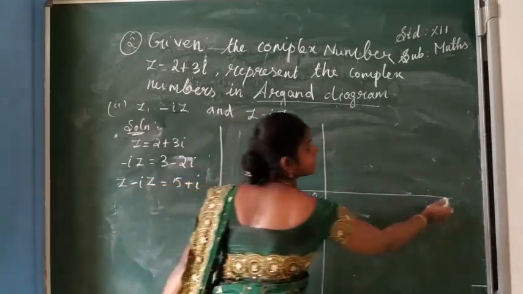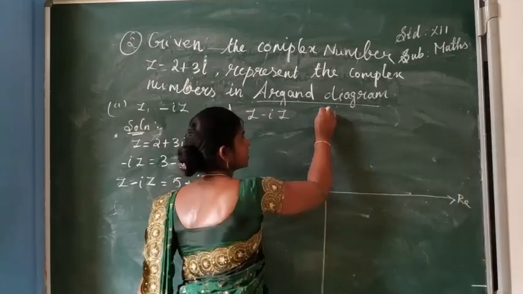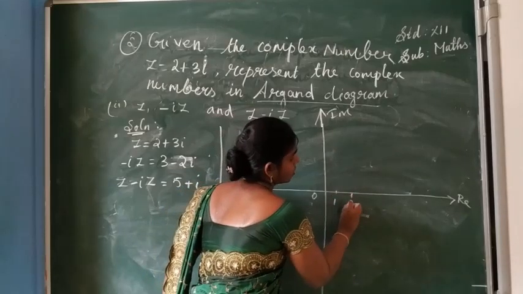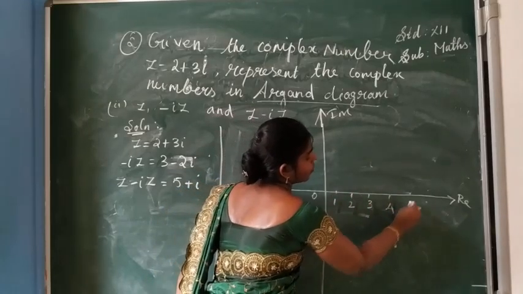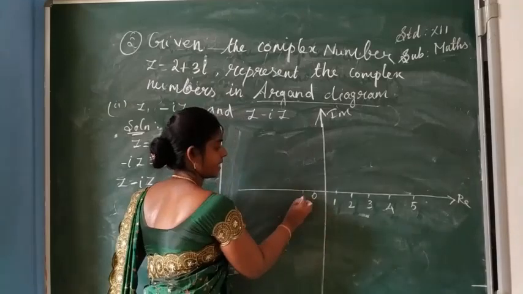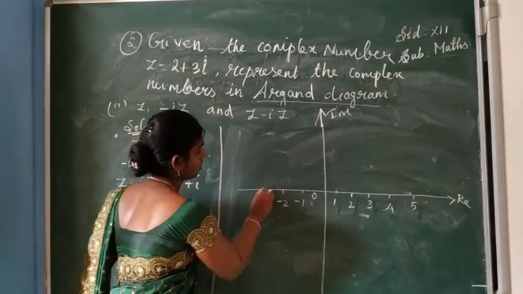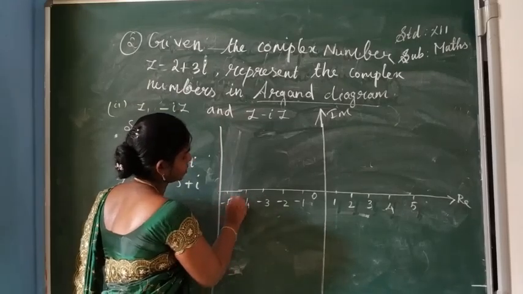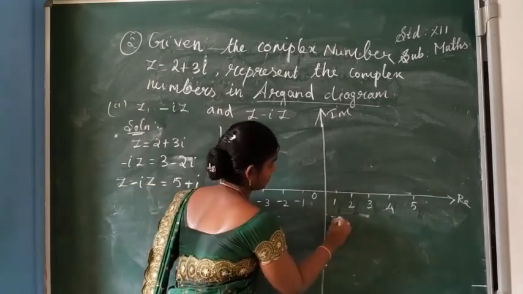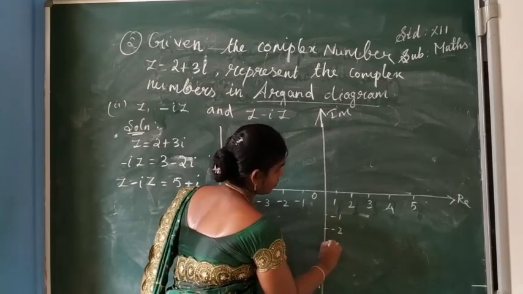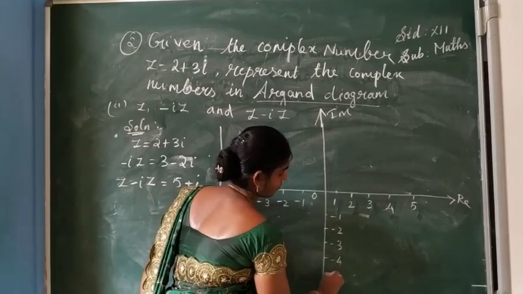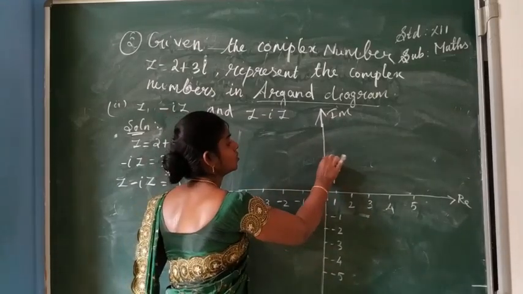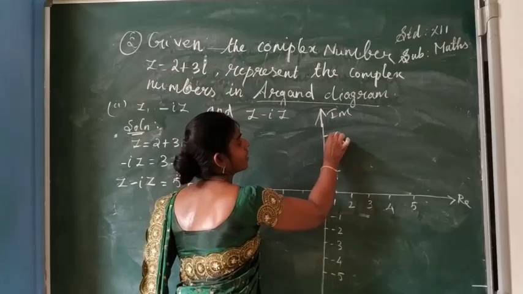So 0, this is the real part and this is the imaginary part. So 1, 2, 3, 4, 5. This side minus 1, minus 2, minus 3, and here minus 1, minus 2, minus 3, minus 4, minus 5, 1, 2, 3, 4, 5.